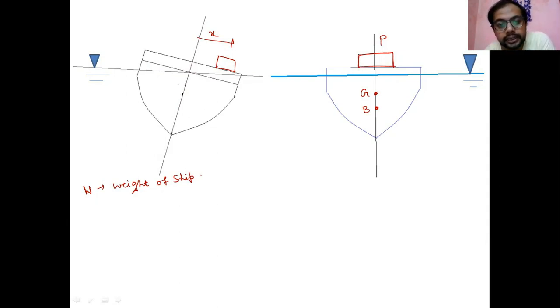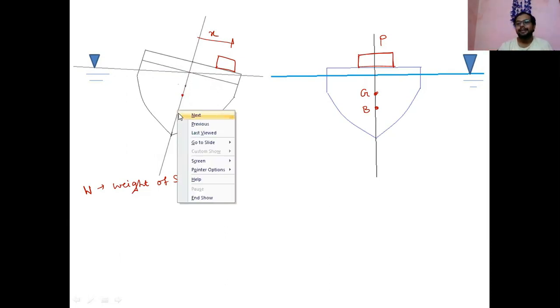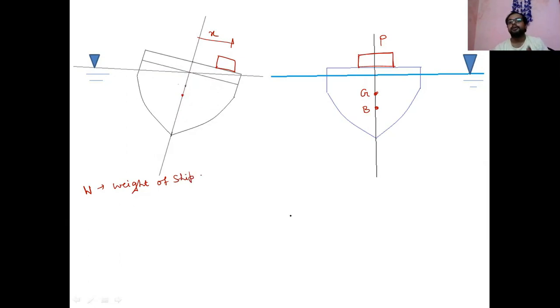So G will be shifted and B also will be shifted. Why? Because previously the weight did not change. But now there is a disbalance, some loose weight is coming to the other side, so the center of gravity will change.